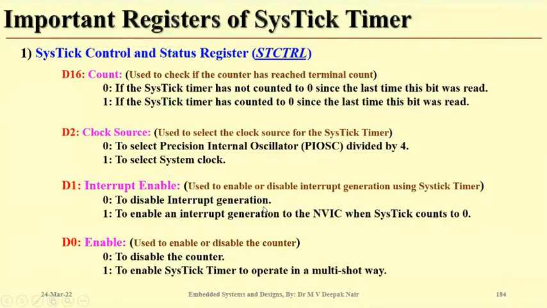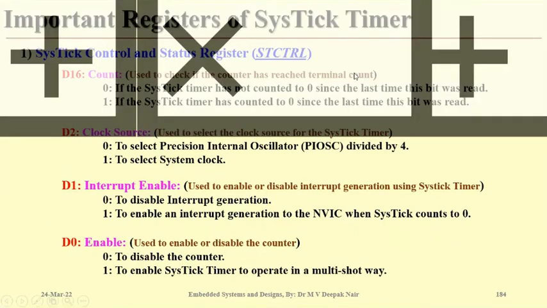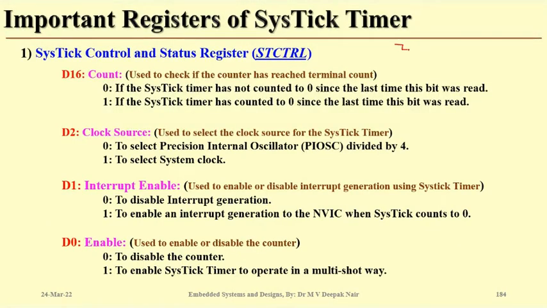When I say staircase, it will always be like this. So you have the count, and after terminal count, that is our 0, the counter will go to the initial value and then it will keep on reloading itself like this.